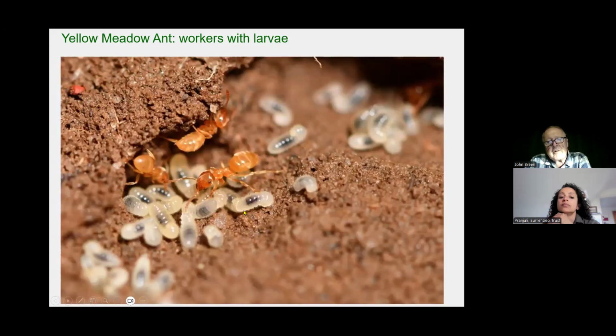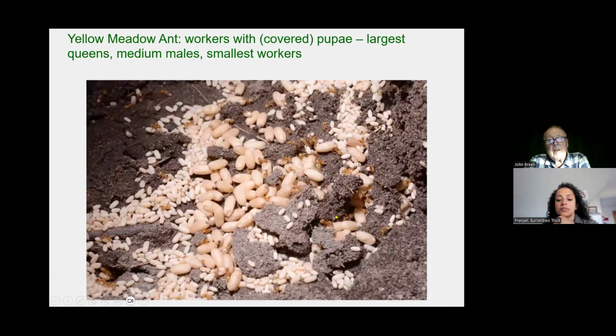And slightly later, these are the larger larvae, again, the yellow meadow ant. And then this is what I mean by covered pupae. The pupae have a cover on them. And the larger ones, in fact, if you look carefully, there are 3 sizes of pupae here, and the largest will be young queens, and the smallest over here will be workers, and in between are probably males.